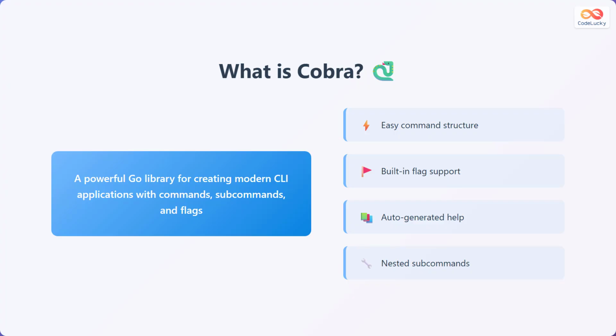It automatically generates help documentation for your commands, supports nested subcommands for complex application structures, provides built-in flag support with both long and short forms, and creates an easy-to-understand command structure. Many popular tools like Docker, Kubernetes CLI, and GitHub CLI are built using Cobra, which demonstrates its reliability and effectiveness in real-world applications.